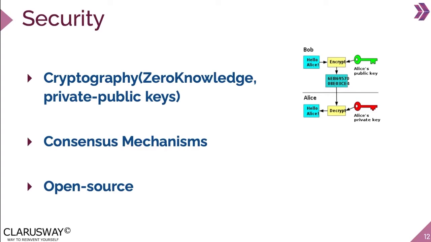And we see that it is actually improving it at the early stages. The most important point is that a lot of cryptographic algorithms and concepts are being utilized in a lot of different applications. Two of the most important ones, in my opinion, are zero-knowledge protocols and private-public keys. Zero-knowledge protocols enable you to prove that you have information without telling the information.